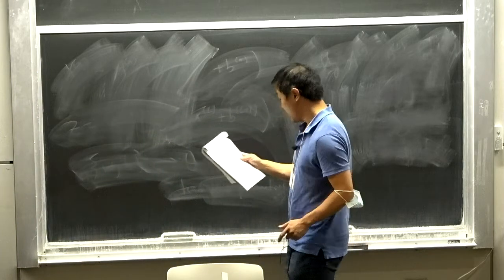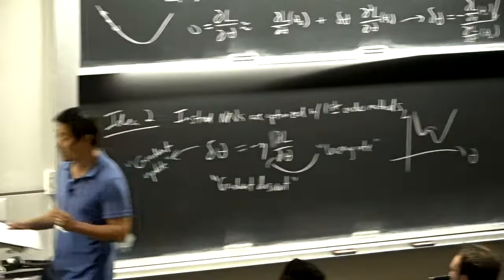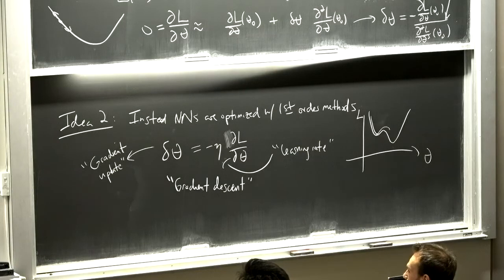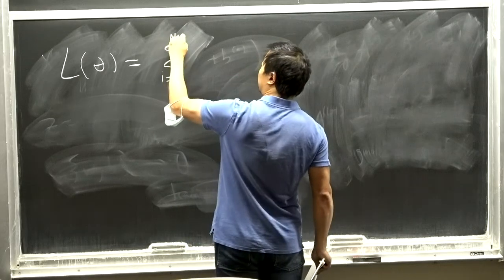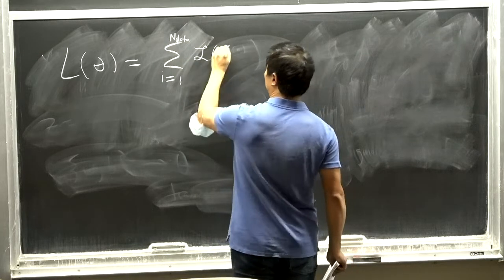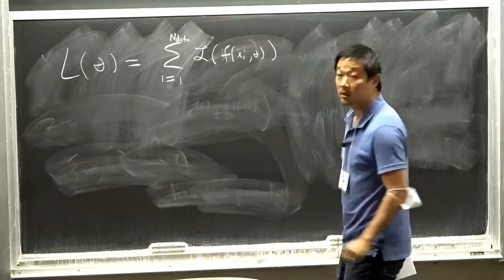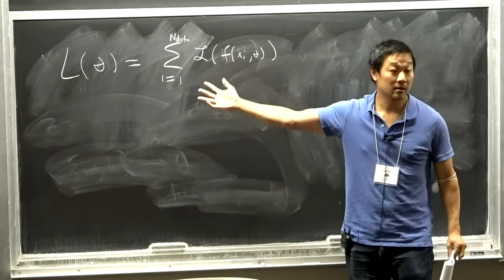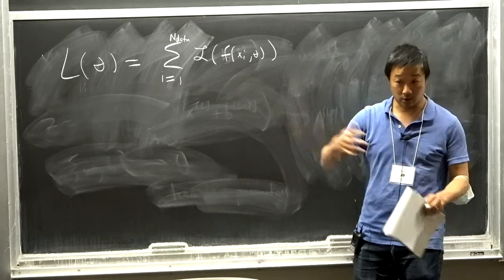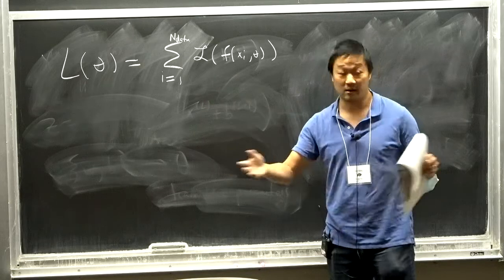So instead, people figured out what I think is a clever way to introduce noise into this problem and also to make it a little bit faster to compute. The L that I've been talking about up till now is a sum over all the data of whatever loss function we are applying to each data point. This is the best estimator of the gradient of the loss function that we're going to get, because we use all the data. But it can be expensive to compute if I have 1 billion data instances.